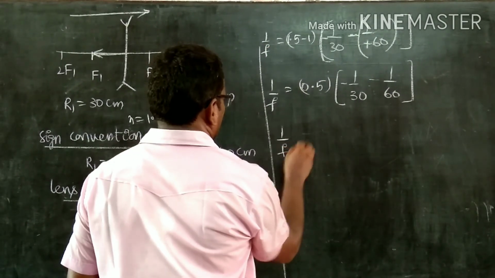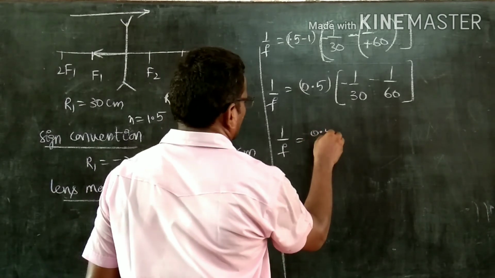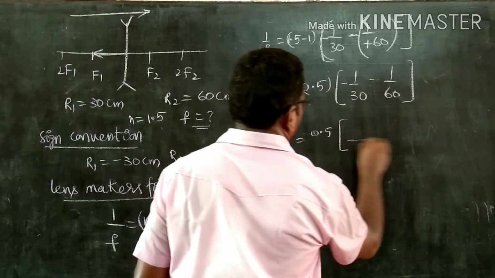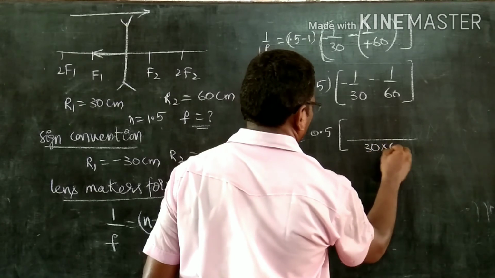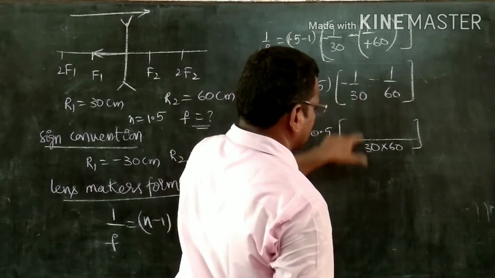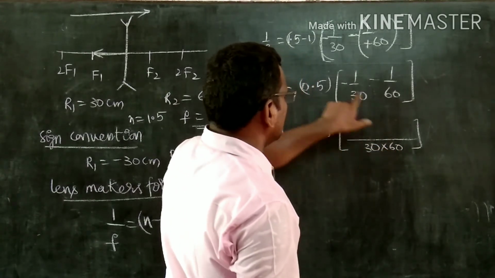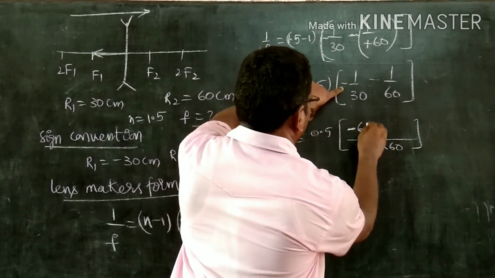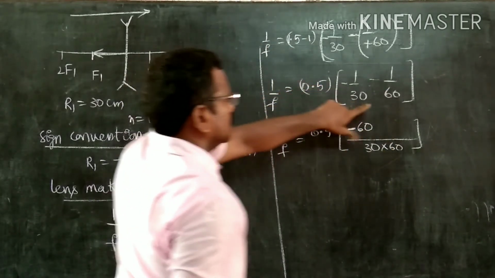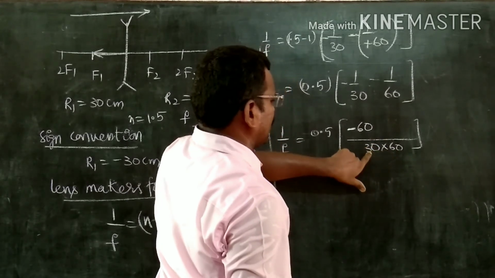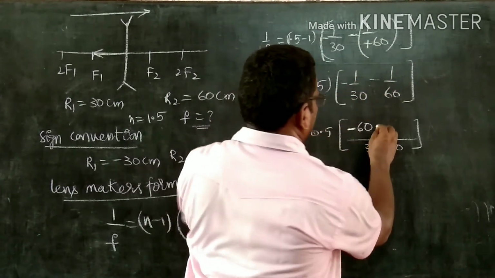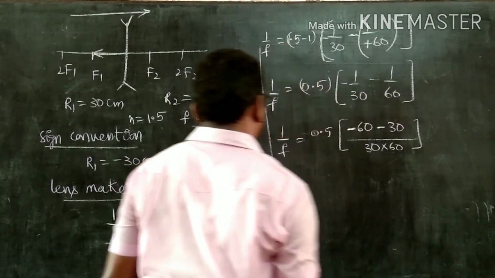Next step, 1 by f is equal to 0.5, here we can consider the LCM as 30 into 60. 30 ones 30 cancel, what is left? 60, but here minus is there, so it becomes minus 60. 60 will get cancelled, we are left with 30, 1 by 30 with minus, so it becomes minus 30.